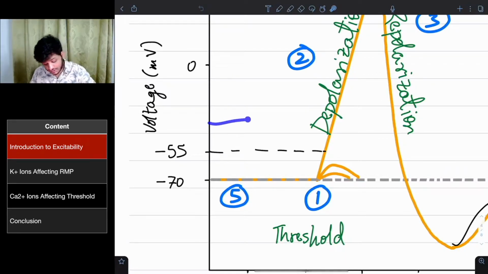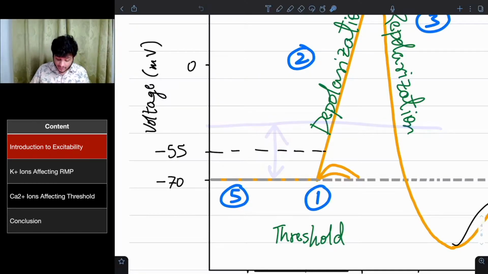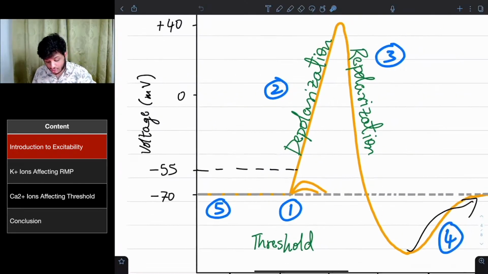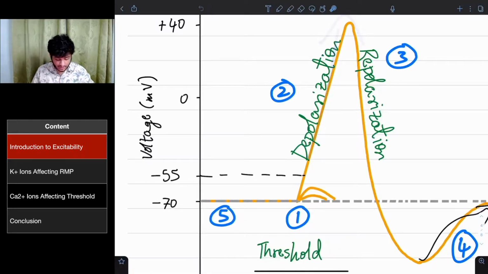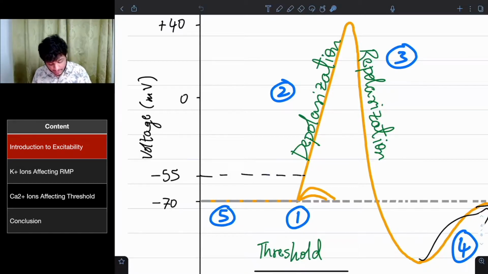Suppose the threshold is higher, somewhere here. The distance between the resting membrane potential and the threshold has increased, meaning to depolarize that cell, it requires more sodium ions to reach the threshold, meaning it's less excitable, okay?